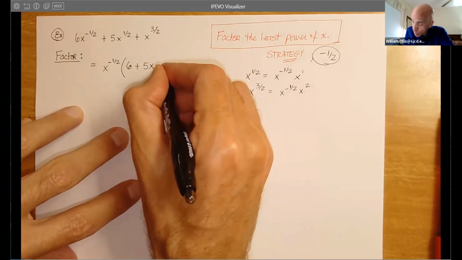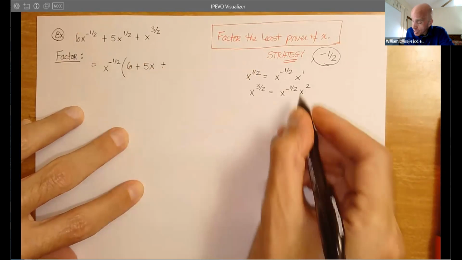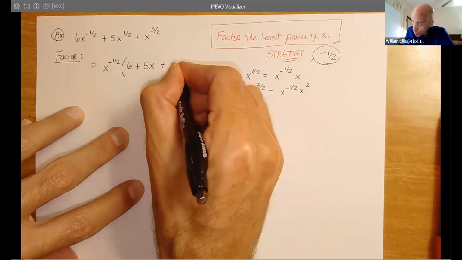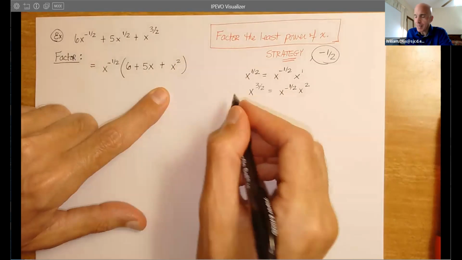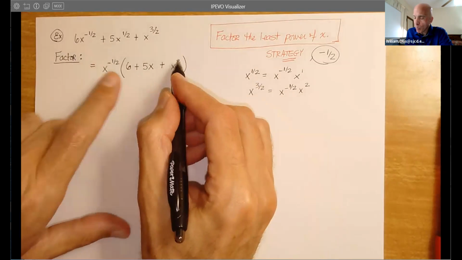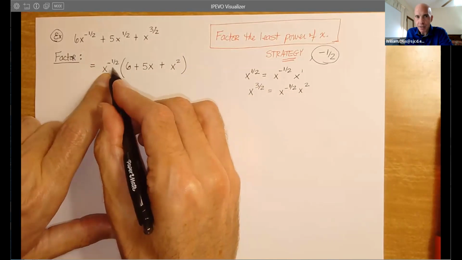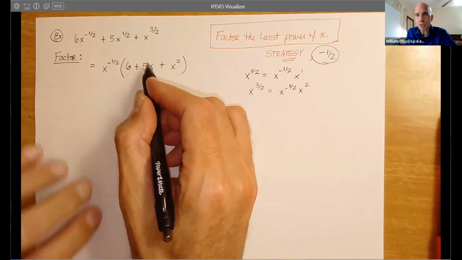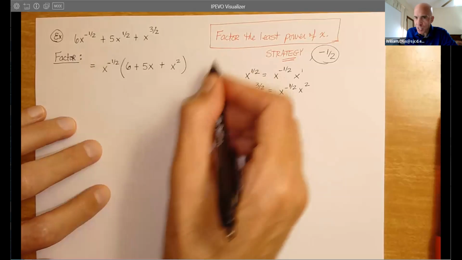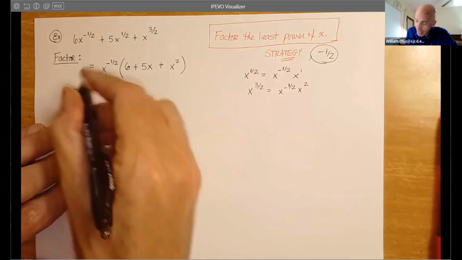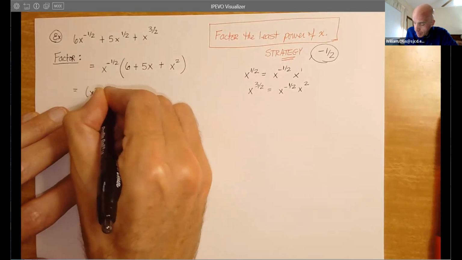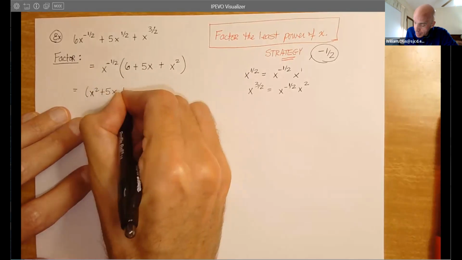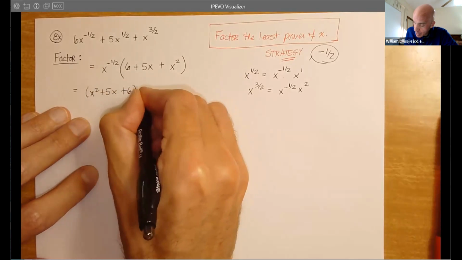And then for the last one, we've got a 1, so we're just going to have an x squared. So now look at this algebraic manipulation here. When we multiply through by x to the -1/2, we get exactly the original expression. But now we've got a simple quadratic, so I'm going to write it in descending order. x squared plus 5x plus 6 times x to the -1/2.